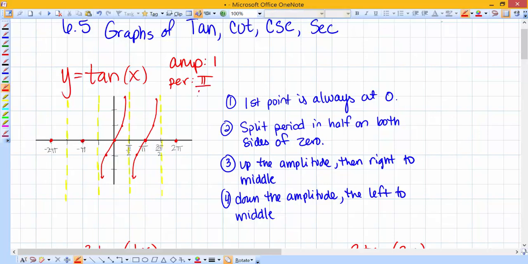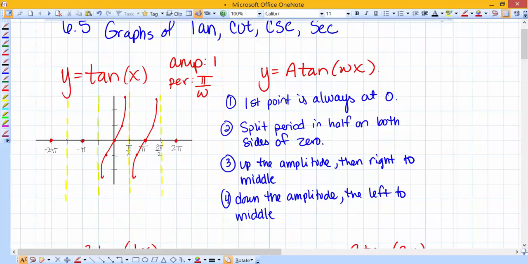So the formula, or a nice little thing that'll help me find the period of tangent, is pi divided by omega, not 2 pi. So our very basic tangent graph will be amplitude times the tangent of omega x. Our starting point is still 0, 0.